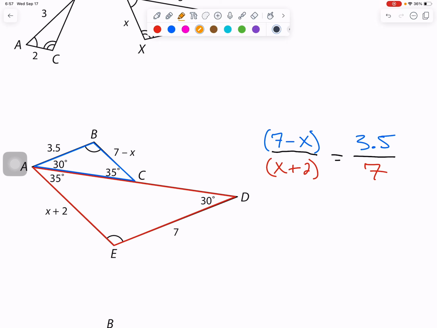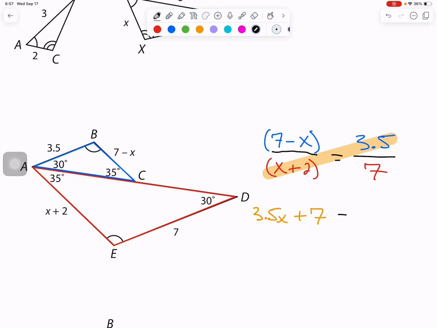Let's go ahead and set this up. First, we'll do x plus 2 times 3.5. 3.5 times x is 3.5x. Then we'll do 3.5 times 2, which is 7, so we'll do this plus 7.